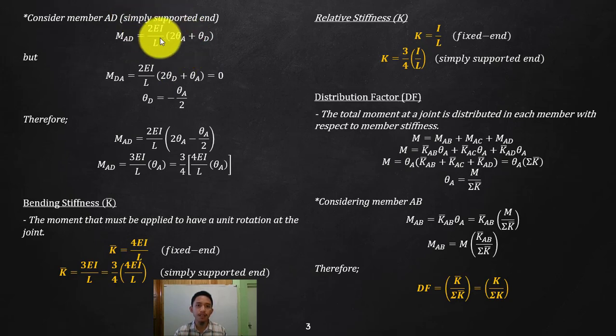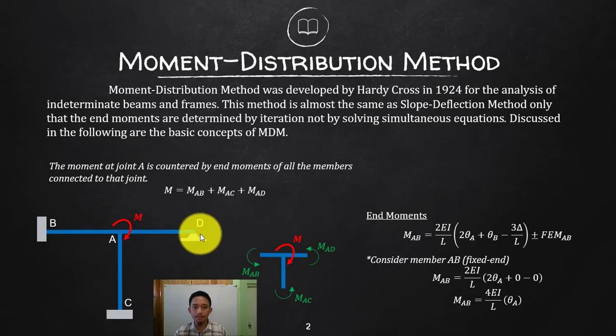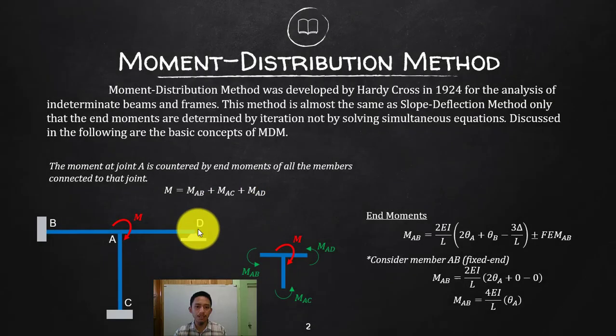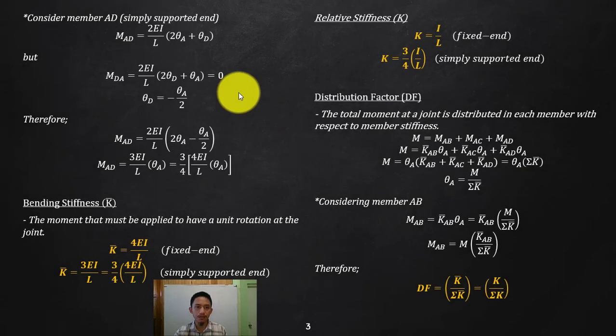However, if you try to get the MDA, there should be no MDA. Why? That is simply supported. It could be a roller or a hinge. This type of support will not offer a moment reaction. These are supports that are free to rotate.